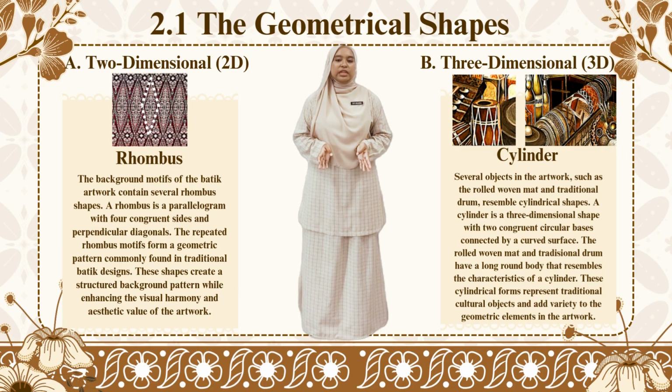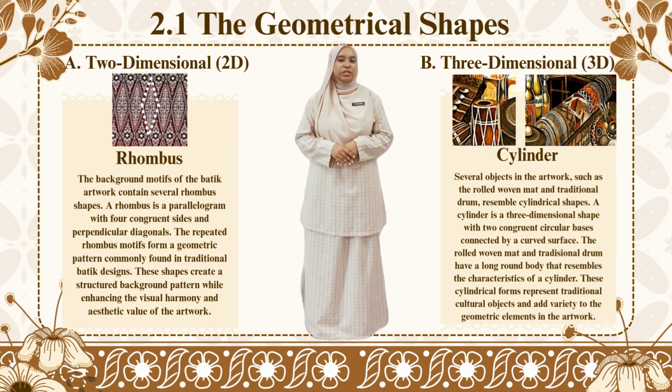The axis of a cylinder is the line segment joining the centers of the two bases. The rolled woven mat and drum have a long round body that resembles the characteristics of a cylinder. These cylindrical forms represent traditional cultural objects featured in the artwork. The use of cylindrical shapes adds variety to the geometrical elements present in the design.